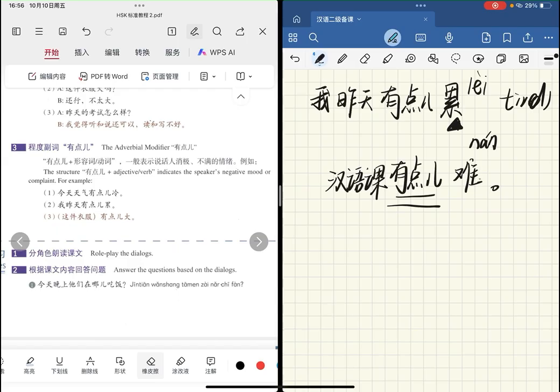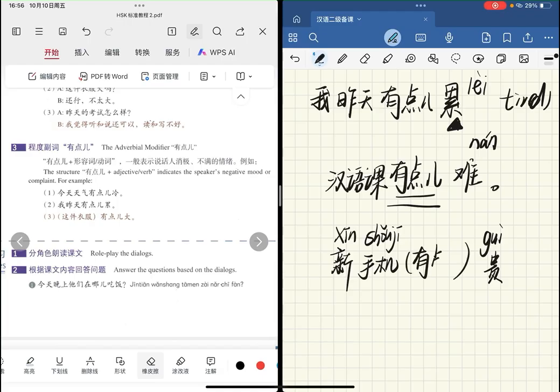So the next one, if I want to say the new phone. The new 新 phone, we have learned 手机. So 新手机 is a bit expensive, 贵. So we can add the 有点, 新手机有点贵.